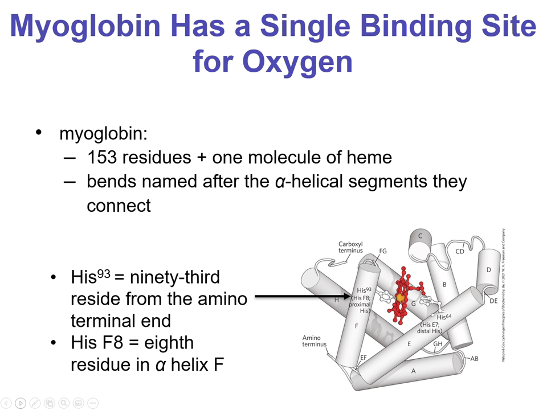You'll hear terminology related to the globin family, the proximal and the distal histidines. These are highly conserved. The proximal histidine, which I'll circle here, is one that is close to that iron group.